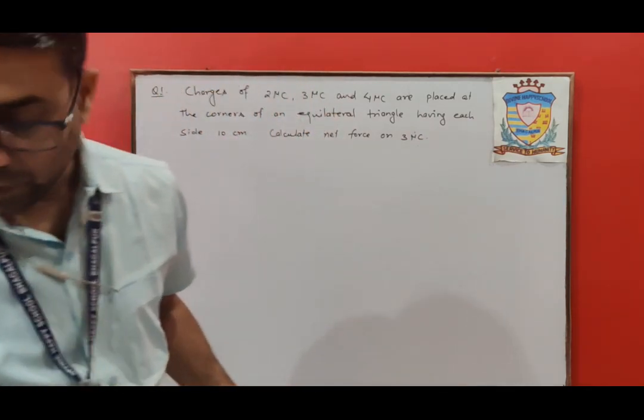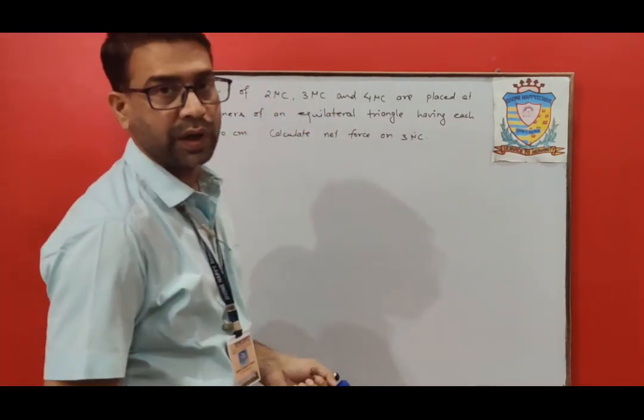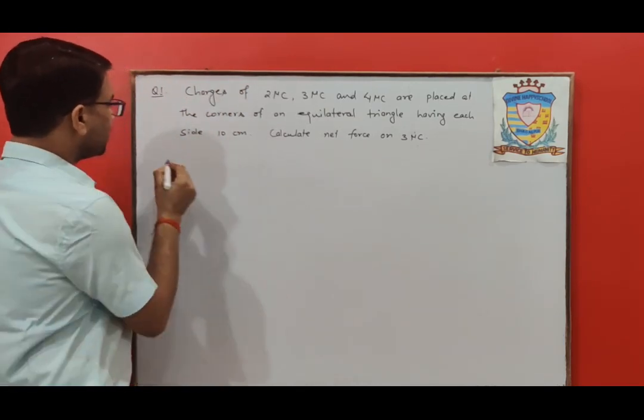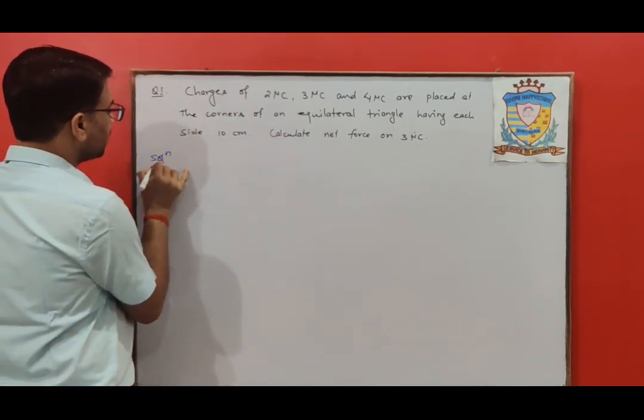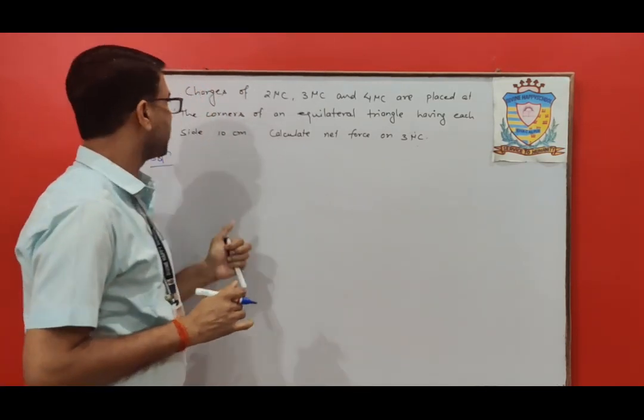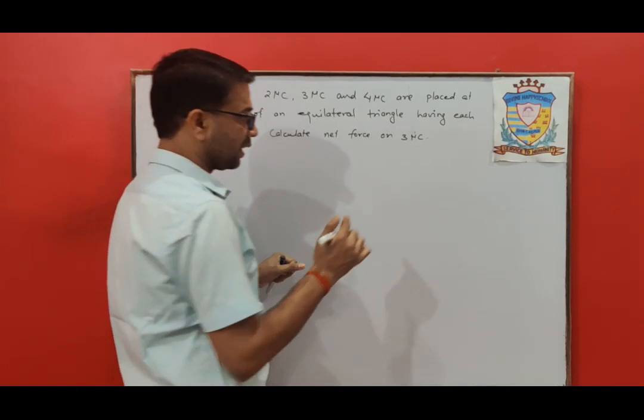Okay. So first we will try to figure it out. So what are the charges? That is 2 microcoulomb, 3 microcoulomb and 4 microcoulomb are placed at the corners of an equilateral triangle.